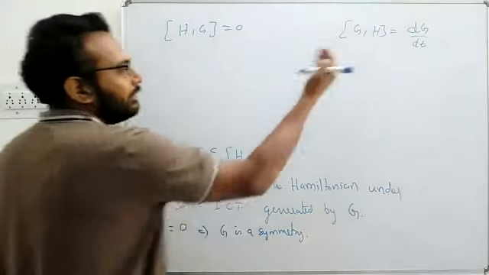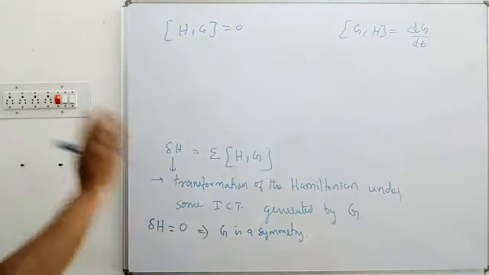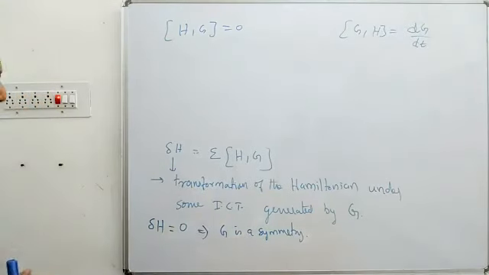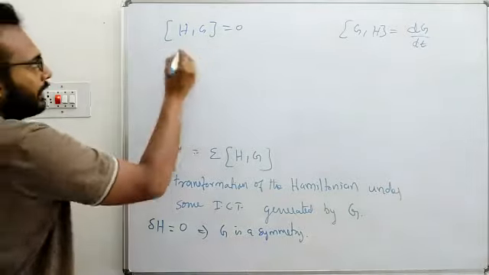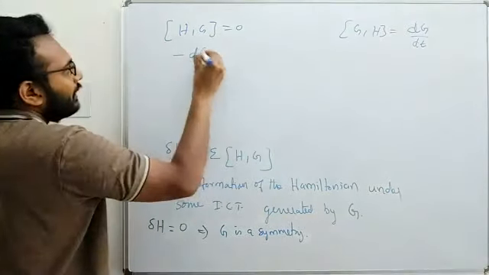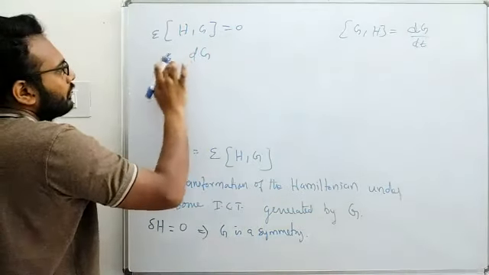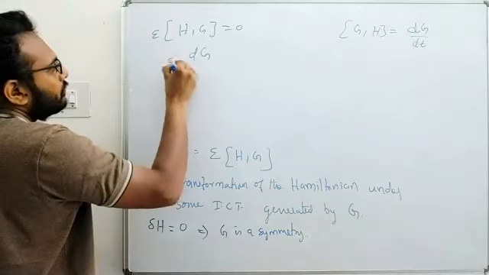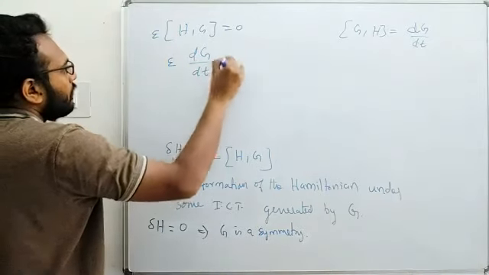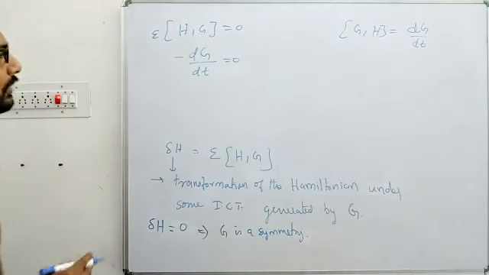If G depends explicitly on time, you will have a partial G by partial t also, but that complicates the discussion, so let's just get the idea here. So if H with G equals 0, this means that minus dG by dt is equal to 0.